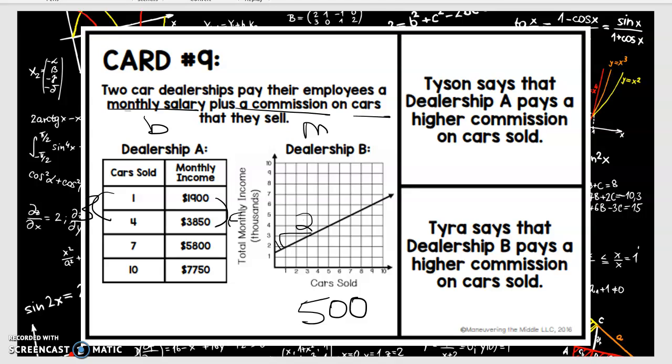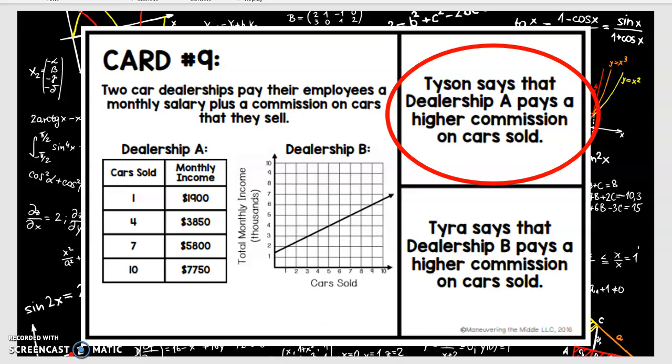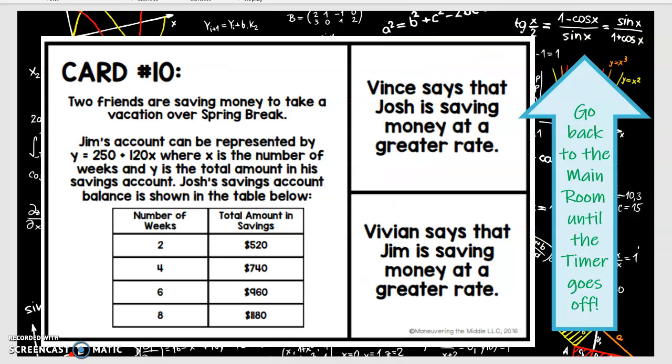That is 1950, but that's per 3 cars. So I'm going to divide that by 3, and I'm going to get 650. Obviously I would much rather make 650 than $500. So Tyson is correct. Tyson says dealer A. And I would much rather make more money than less.